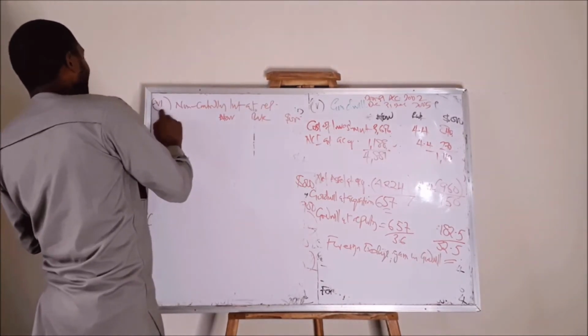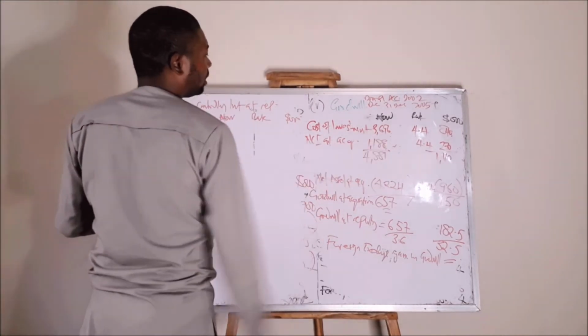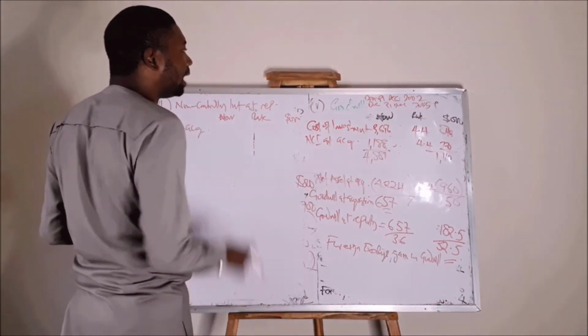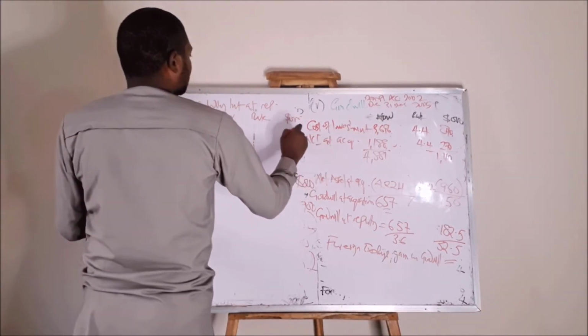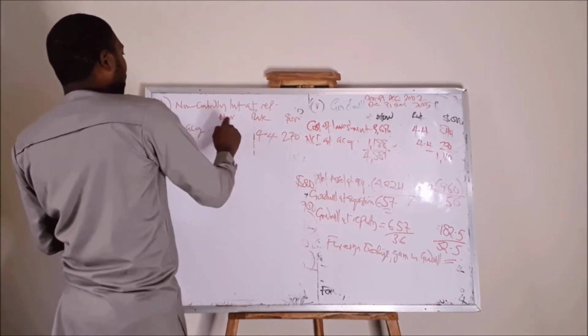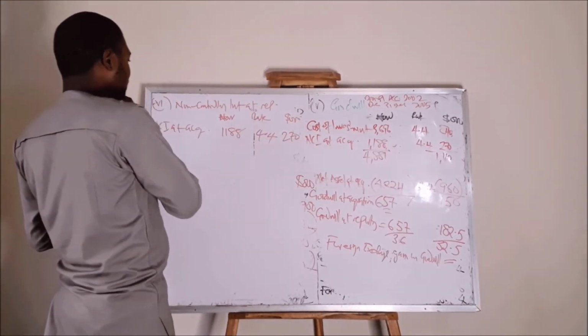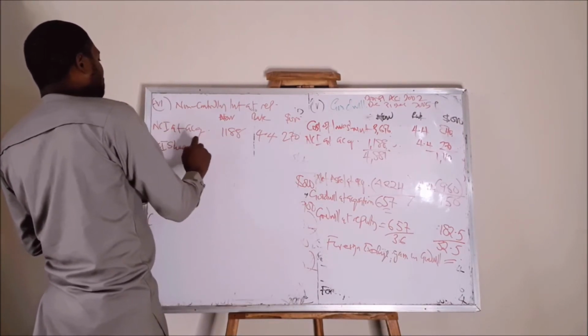The NCI at acquisition. Remember, NCI at acquisition, of course in dollar, is already 270. We use 4.4. Remember, in naira it is now 1188. The NCI share of post acquisition.